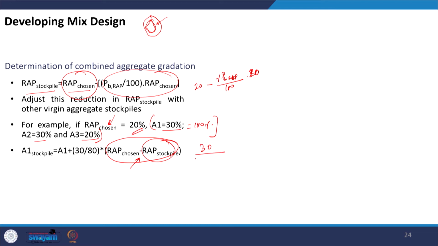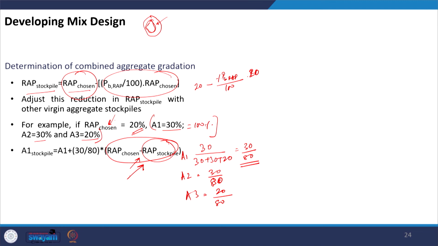It is 30 divided by 30 plus 30 plus 20, okay, which is 30 divided by 80. So, this is the proportion of A1 corresponding to the virgin stockpile. So, similarly the proportion of A2 is 30 divided by 80 and the proportion of A3 is 20 divided by 80. So, we will adjust this particular value in the other stockpile corresponding to their individual proportions.